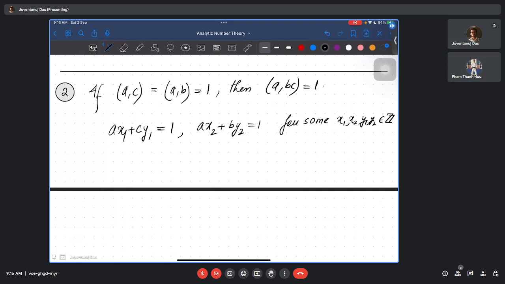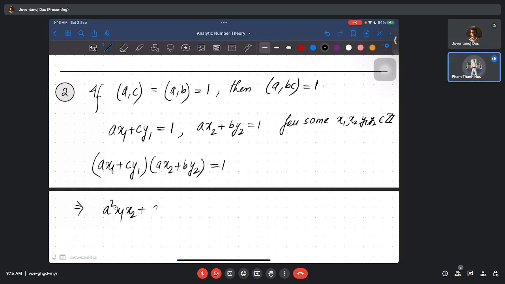So now we can multiply these two things together. We have A squared, AB, AC terms and BC.